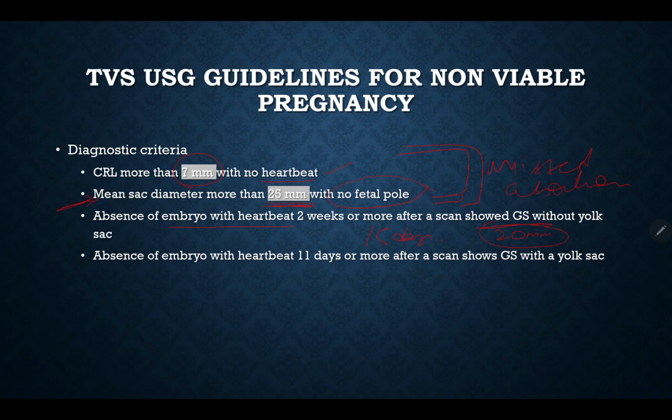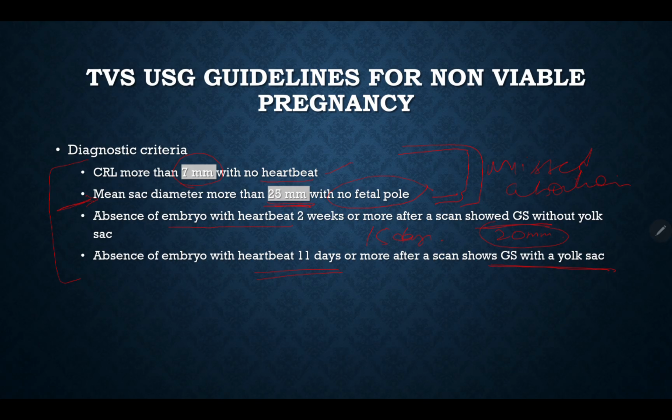And the same if the gestational sac is with a yolk sac at any gestational sac diameter of less than 25 millimeter, and after 11 days you again ask for a scan, and if it remains the same, there is no embryo or heartbeat, then you can label it as missed abortion. So these are the 4 diagnostic criteria.